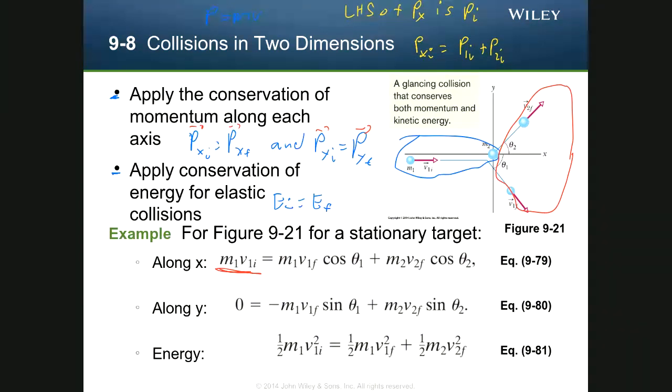Without looking at anything, I can use my definition of momentum to plug everything in. If I look at the picture, I see right here that m1 is moving with velocity v1. That's velocity, not speed. You've got to be careful. So that's going to equal M1 V1, initial.